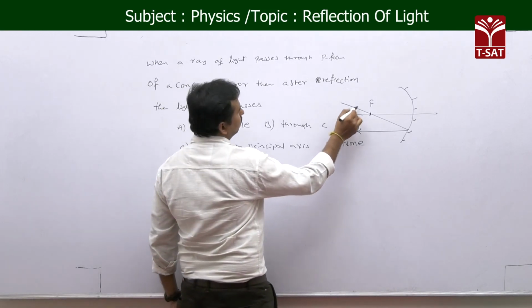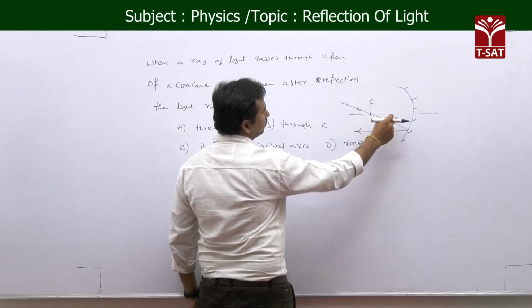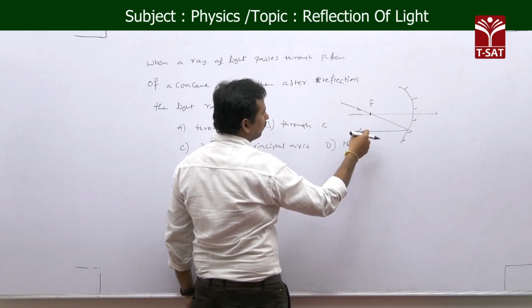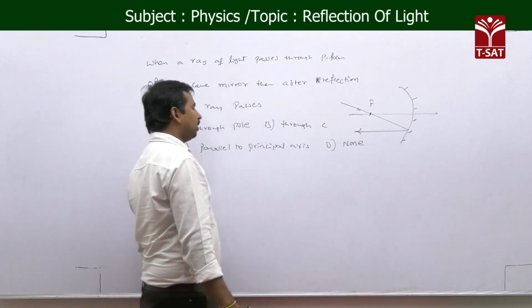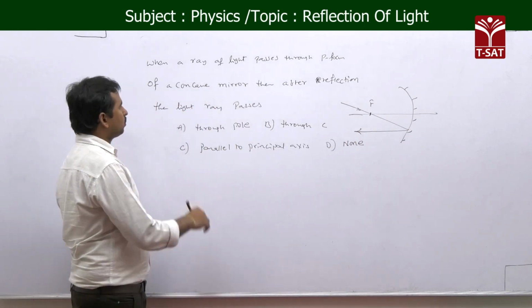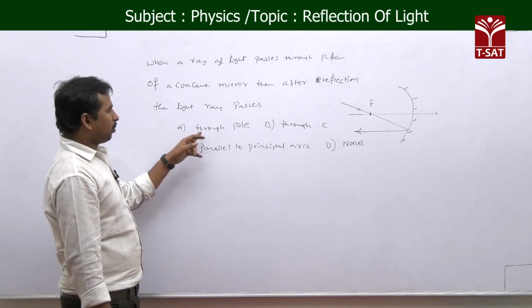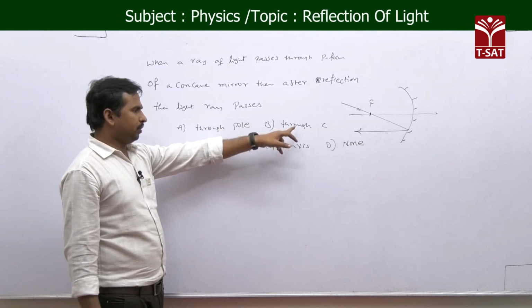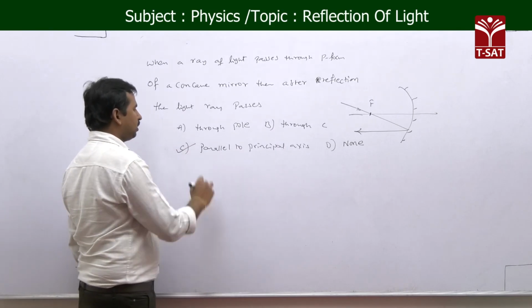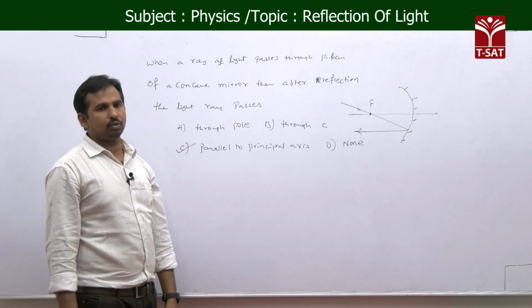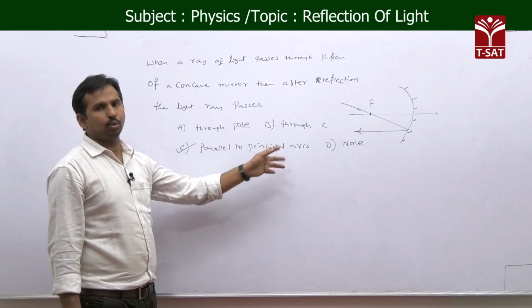So in the given options, not through the pole, not through C, but option C, parallel to the principal axis, is correct, following rule 2.